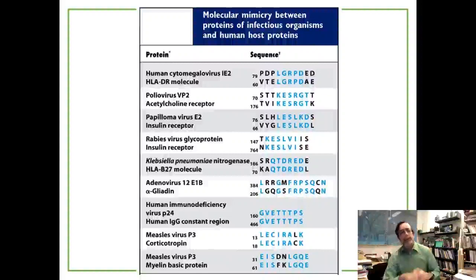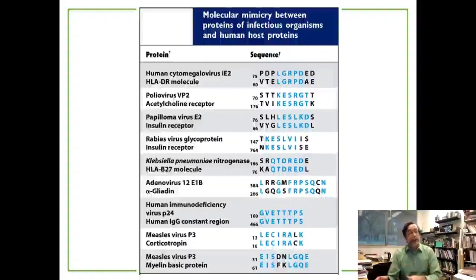You have human cytomegalovirus, IE2, has this sequence with the blue letters in the middle. And it's a short sequence, and this just happens to be the peptide in the virus that gets presented by the immune system. Well, some people have an HLA-DR molecule that has a peptide that's exactly like that in the middle, the part where the T cell sees.